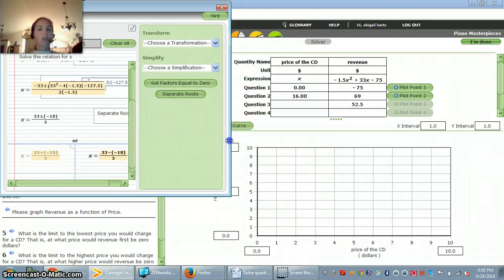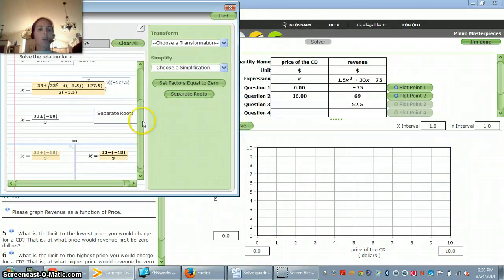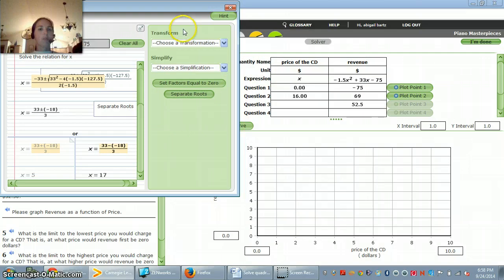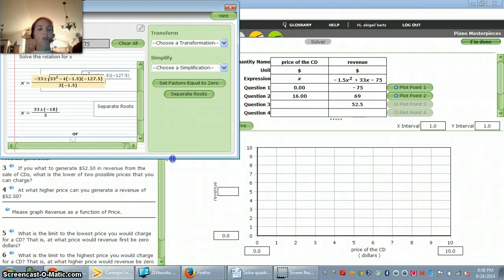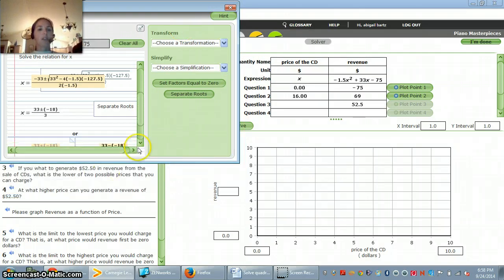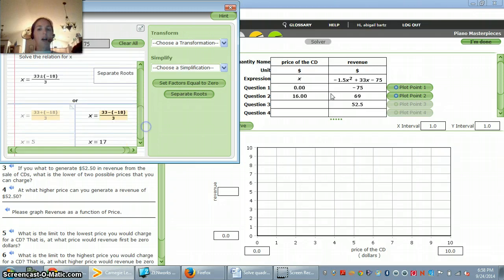So again, you can go back over here, you can keep these answers available if you want, and you can read question number 3. And question number 3 says, if you're going to make your $52.50, which we have, and that's what we set it equal to for our revenue, what is the lower of the two possible prices you can charge? Well, the lower price is $5.